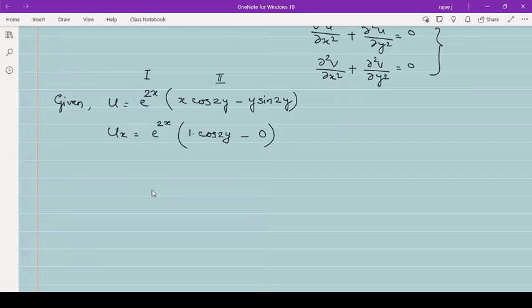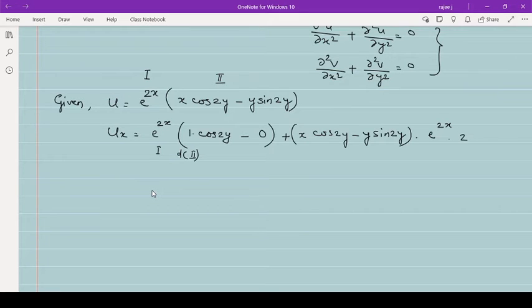So first function into derivative of second is done, plus second function, x cos 2y minus y sin 2y, into derivative of first. The derivative of e raised to 2x is e raised to 2x into the derivative of 2x, which is 2.